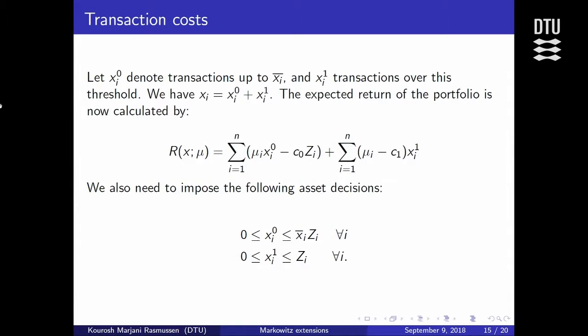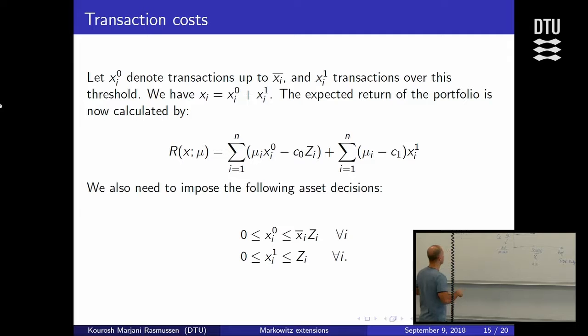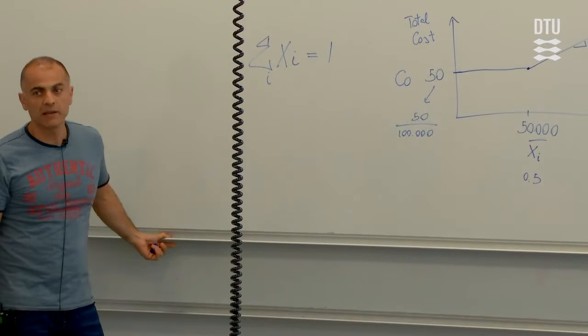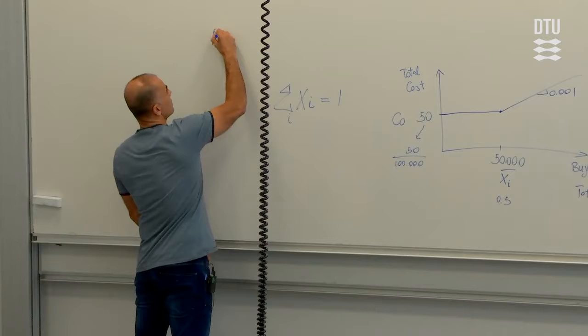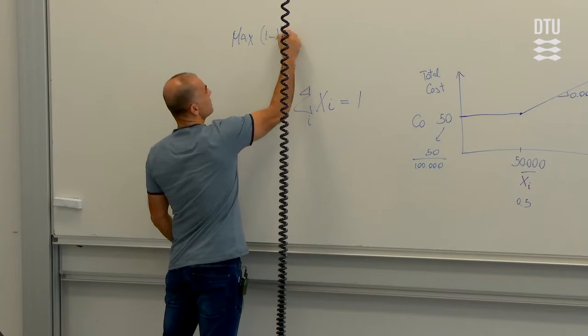Now let's have a look at how the algebra would look for this. And notice, what I'm showing you here is the first term of the Markowitz model. Again, we have the constraint sum of x is equal to 1. And what was the plain vanilla Markowitz? We had two terms in the objective function. I was maximizing 1 minus lambda.